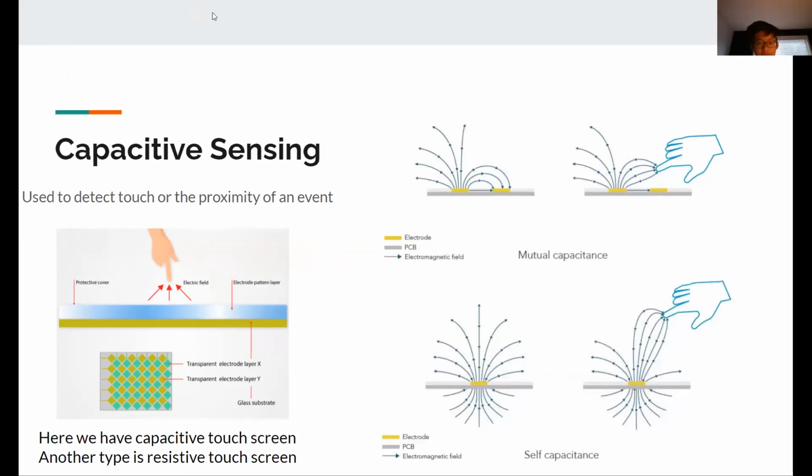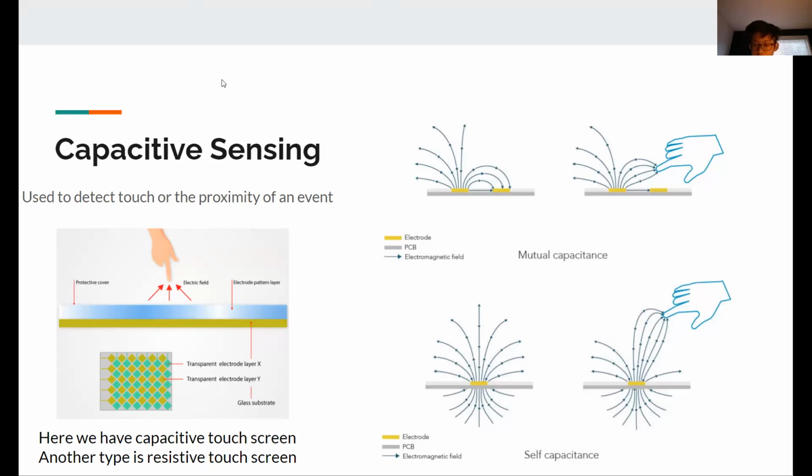An application of capacitance or capacitors is basically sensing, and on the right we can see, on the top, there are two capacitance plates laid out, and if you approach it, it will change the field, and the plates can detect that.